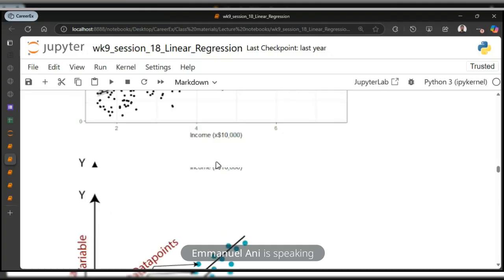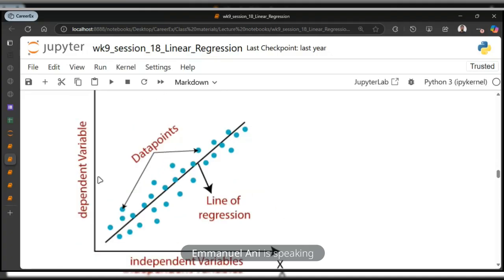All right, so let's just proceed. This is an explanation. This is your dependent variable here. This is your independent variable. These are your data points, and this is your line of regression. All right. So that is basically the illustration or an explanation of your linear regression.